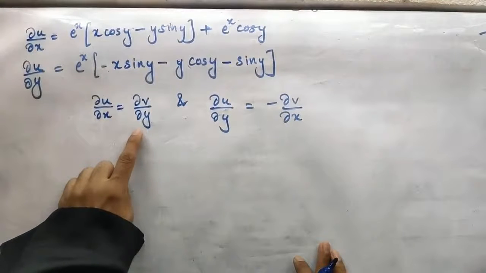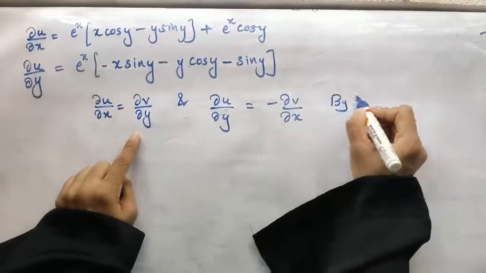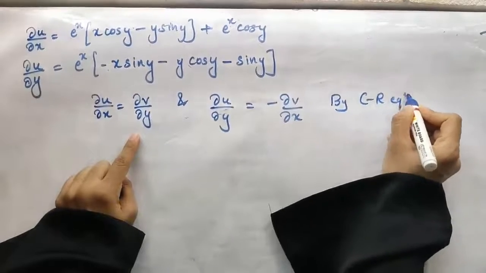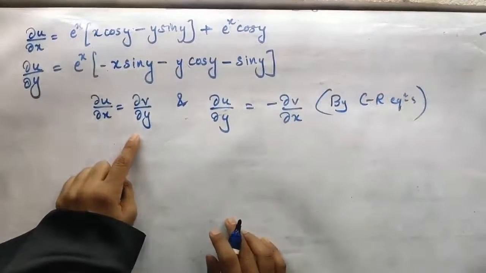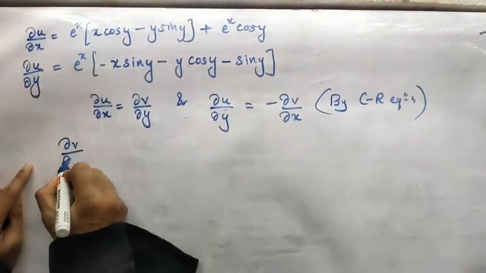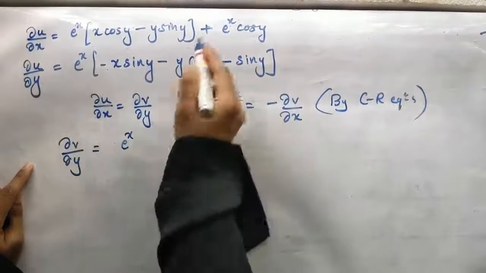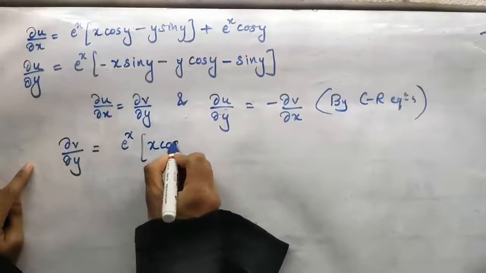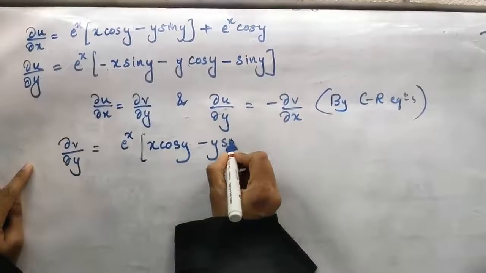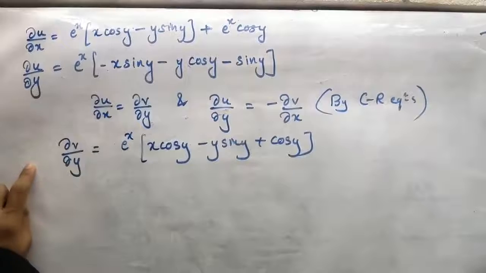So it can be taken as dou V by dou Y as per the CR equations. So now I can write the above equation as dou V by dou Y is equal to e to the power x common, x cos y minus y sin y plus cos y. This is dou V by dou Y.